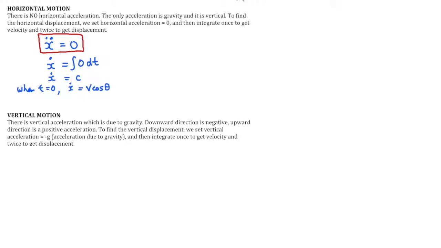We did that with our little proofs before. If I plug that in, I get v cos theta equals c, which generates the horizontal velocity is v cos theta, where v is your initial velocity that you are firing off at an angle. That's the second thing.